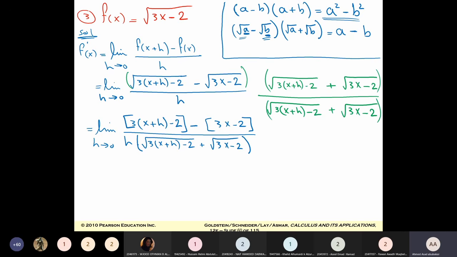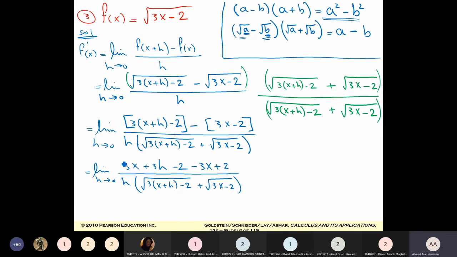Now this equals, after simplifying, 3x plus 3h minus 2 minus 3x plus 2 over h multiplied by radical 3x plus h minus 2 plus radical 3x minus 2.